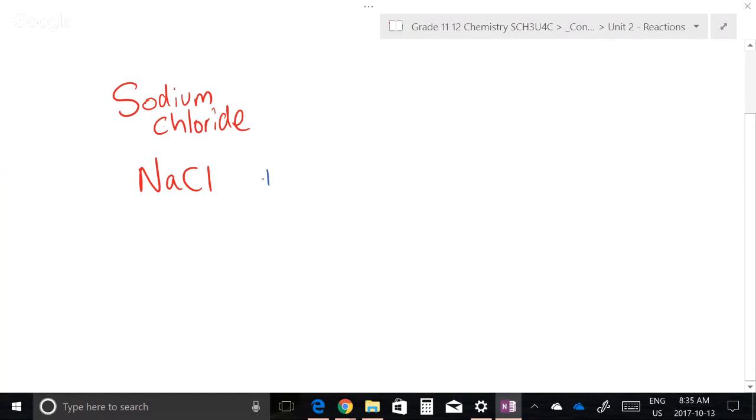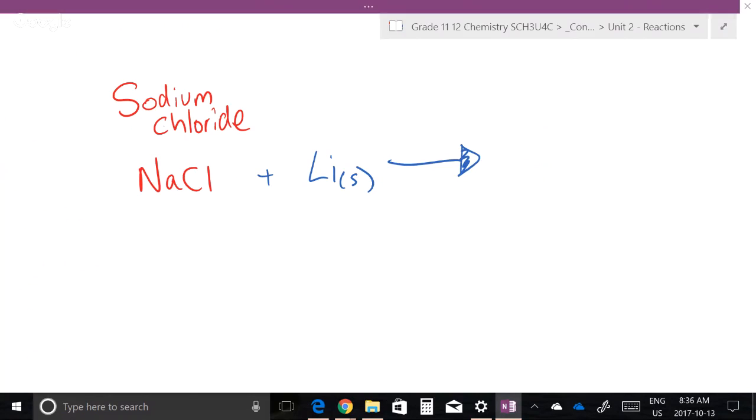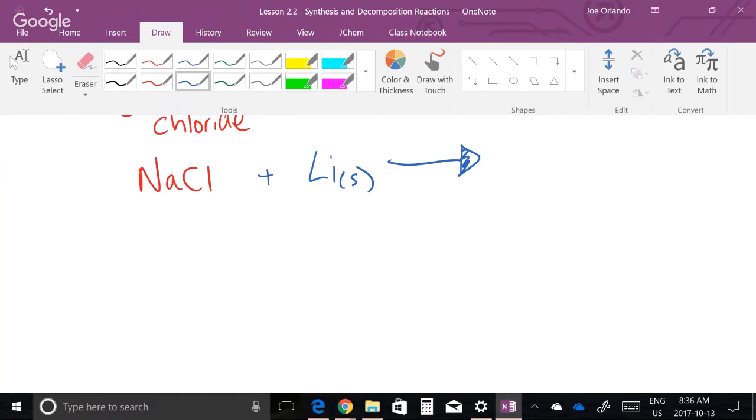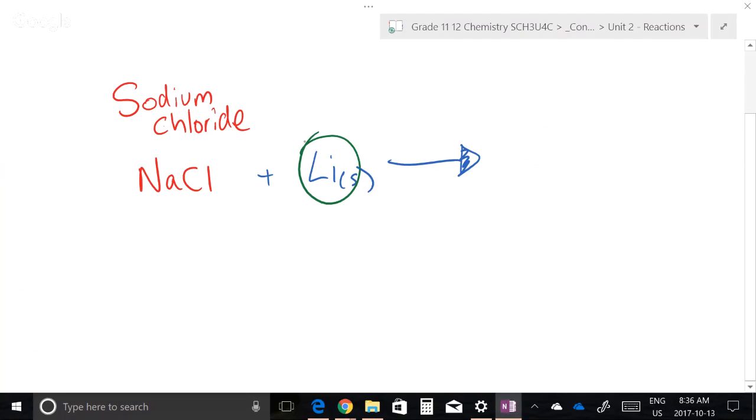If I had sodium chloride and I reacted it with solid lithium, what's going to happen in a single displacement reaction? I have a compound, then I've got another element. What's going to happen? The sodium will get switched out so that it's on its own. Very good. This lithium is literally going to displace, or move away, the sodium.